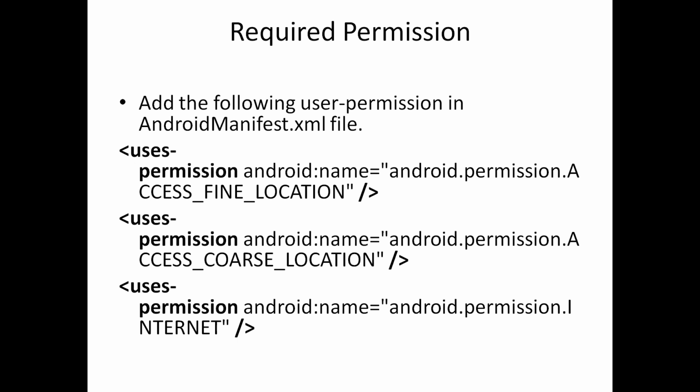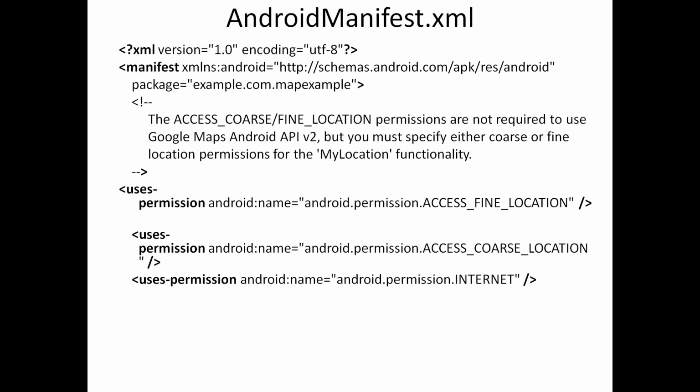So these three should be enabled. And this is to get the permission. Then this code describes how to get permission in the AndroidManifest.xml file.